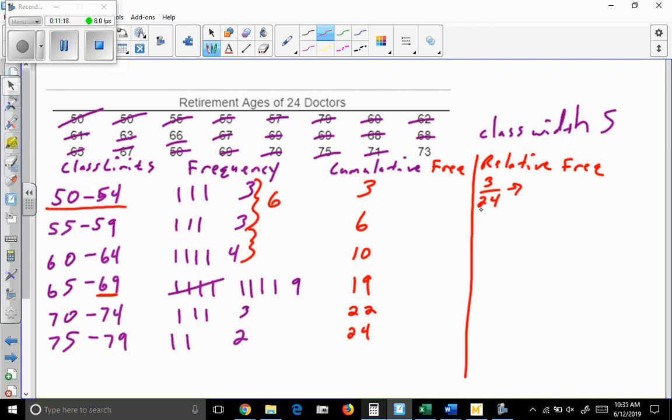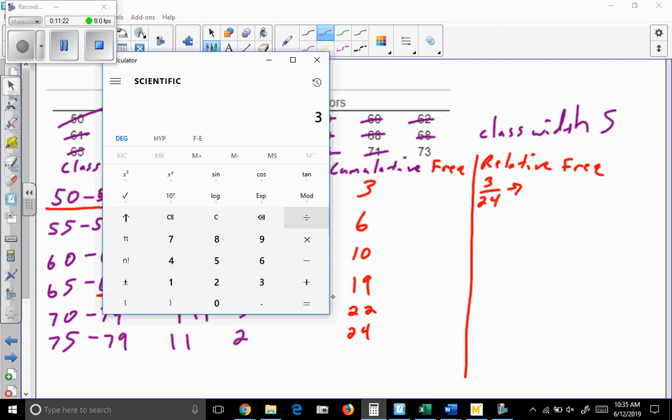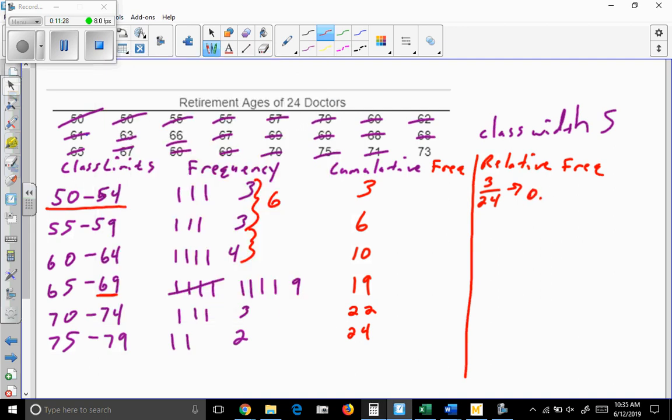We could reduce that and get a fraction in reduced form, but 3 divided by 24 is 0.125. As a proportion, this 0.125 is a decimal. If we want to change that to a percent, move the decimal over 2 places, and that'll be 12.5%. So 12.5% of the data falls in the first category.